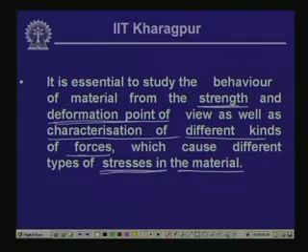In a few minutes we will look into what we really mean by stress. So, we are concerned about strength and deformation, and of course we would like to look into the effects of different kinds of forces that a member will be subjected to, which can cause different kinds of stresses in the material.